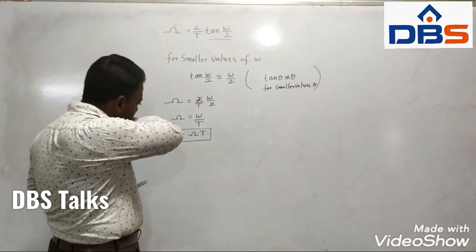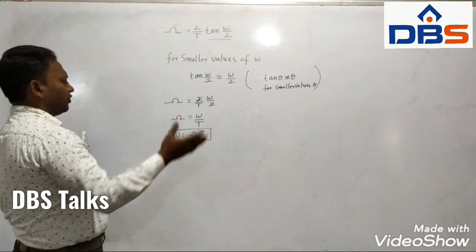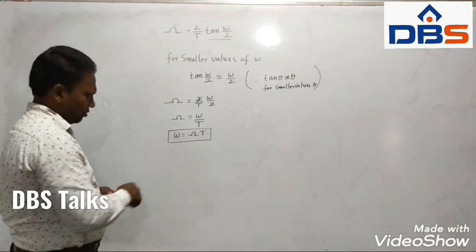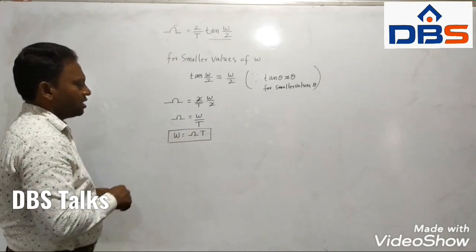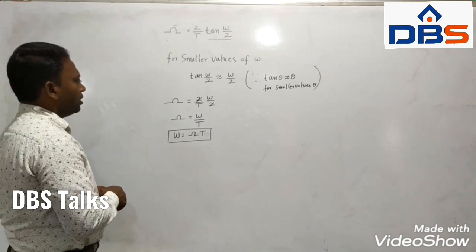This is what happens generally whenever we map it: omega is equal to the analog frequency times the capital T, the sampling interval.